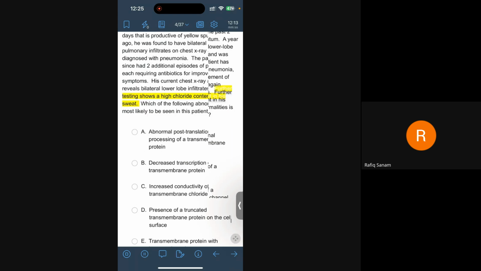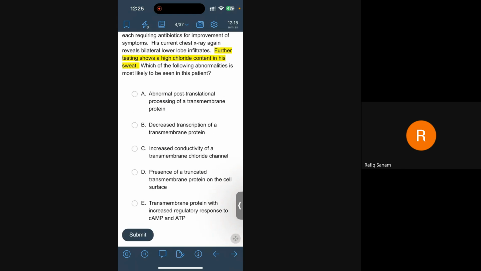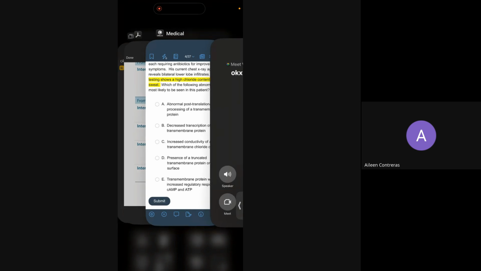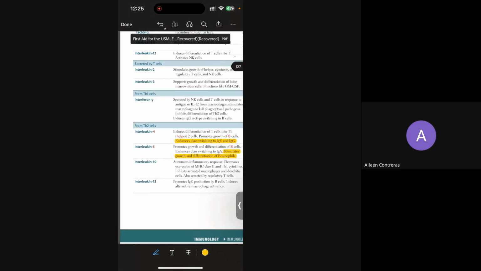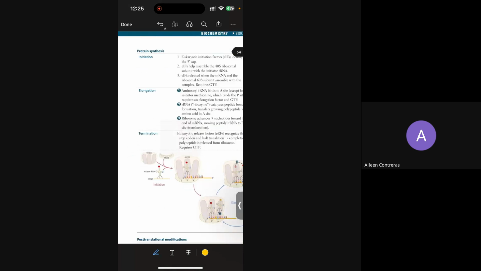Now he is asking what abnormality occurs in cystic fibrosis. Is it post-translational processing? Yes, it is post-translational processing.